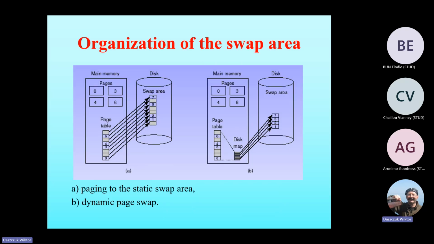This picture shows some ancient technique for storing pages on the disk. This is a typical solution when we have, it's not a page index table, I think it is misleading. It is a table of pages.